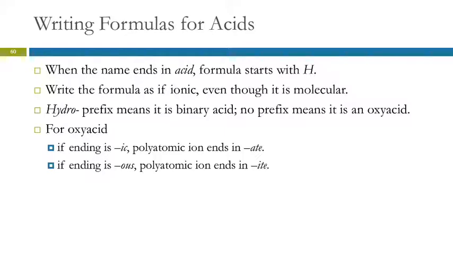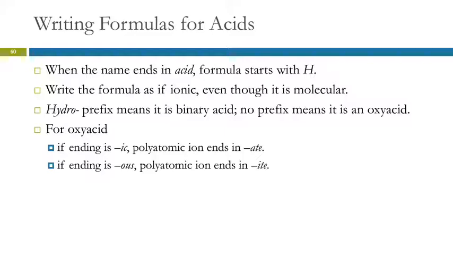The nice thing about acids is they're easy to identify. Their formulas start with H, and their names actually have the word acid in them. How convenient is that? So if the name has acid in it, you know it's an acid. You're going to write the formula as if it were an ionic compound, even though it's a molecular compound, because when it dissolves in water, it does form ions.